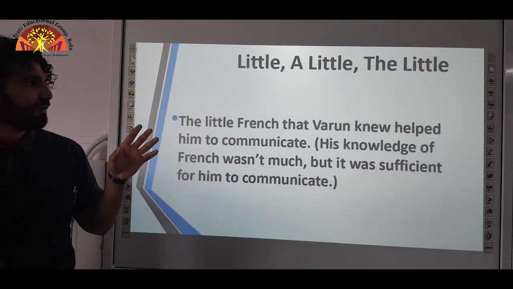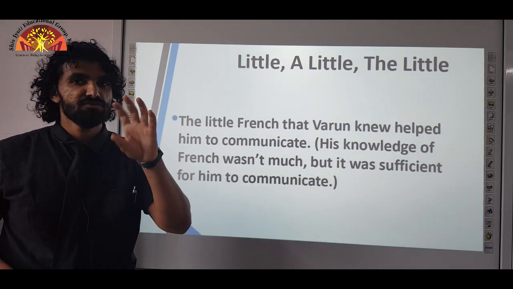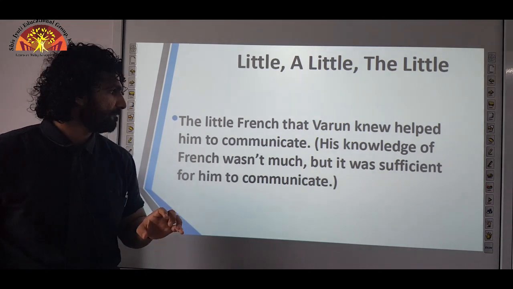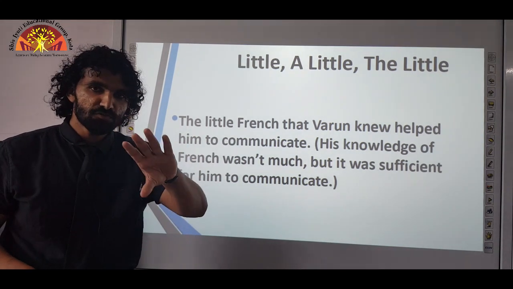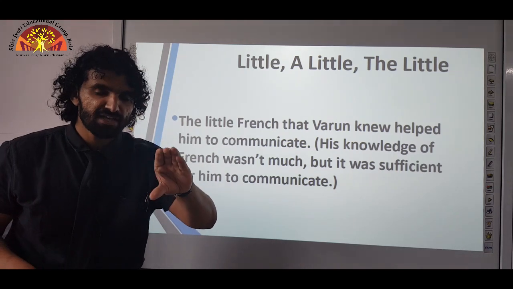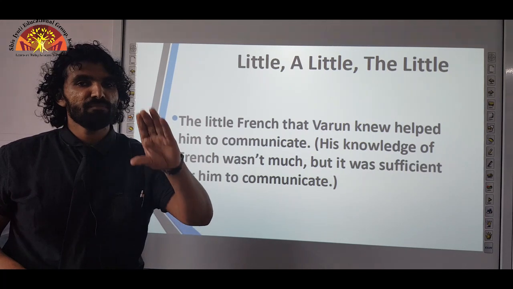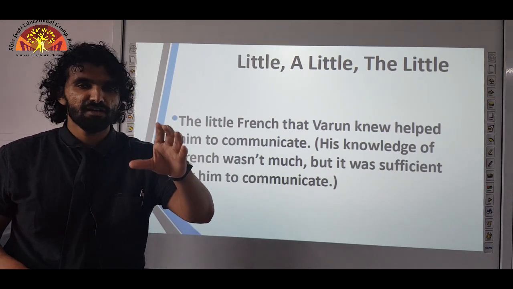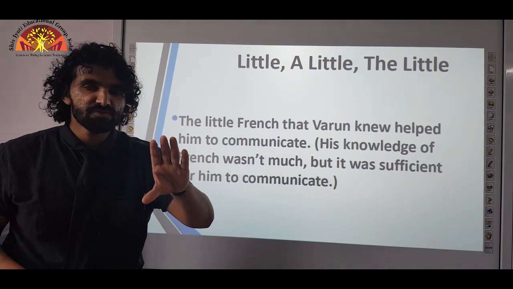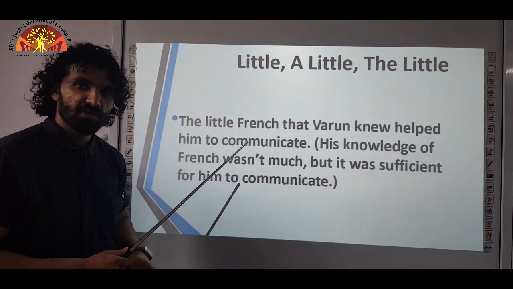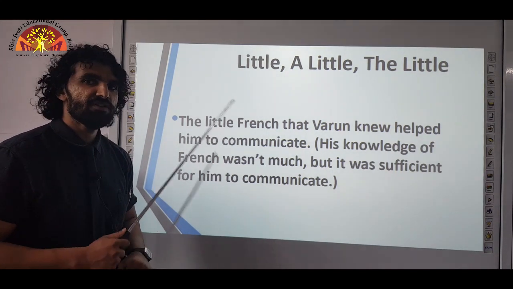Varun only knew a few lines of the French language, and those few lines were enough for him to communicate. So we were talking about a particular amount of French which he knew. So we used the little. Okay, so for certainty and for things in particular, the little.